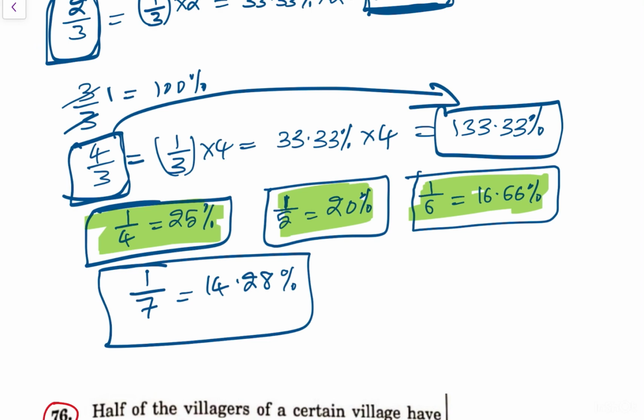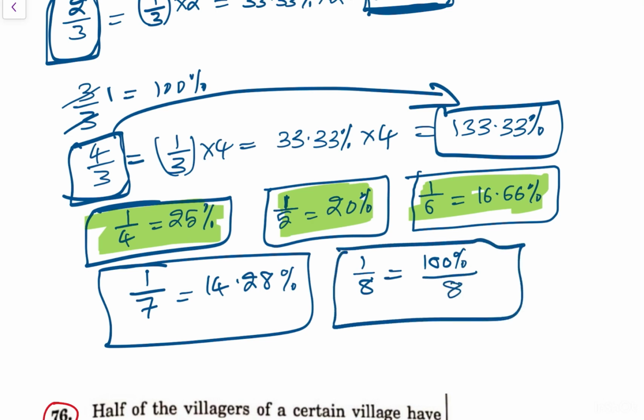Again you calculate 1 by 8. 1 by 8 is what? 100% by 8. कितना होता है? Calculate and tell me. Then 1 by 9 is equal to 11.11%.